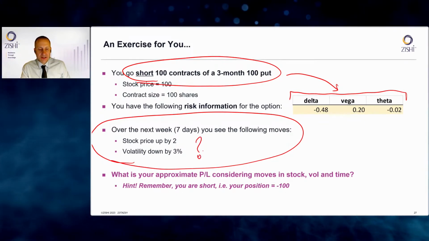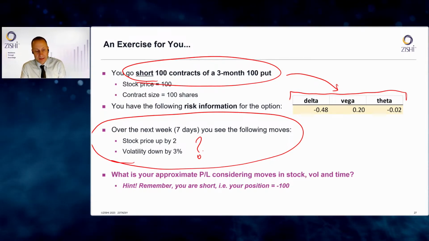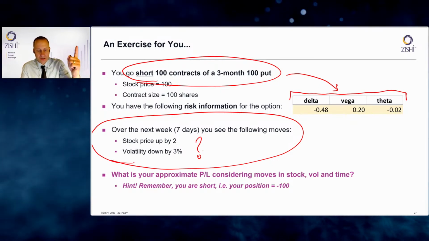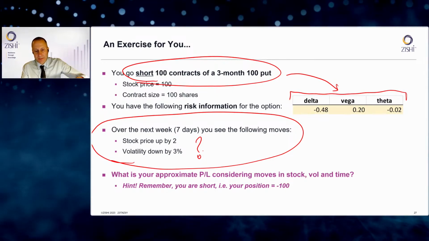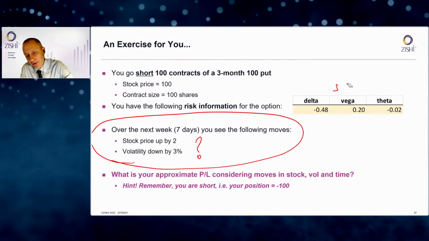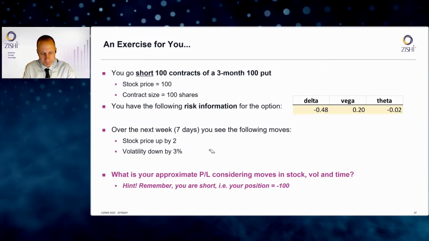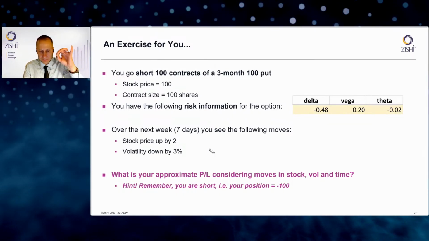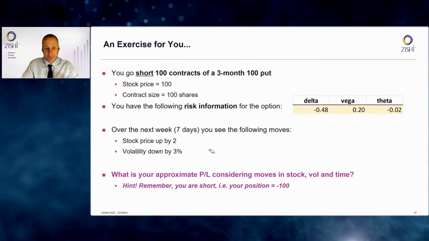So over the next week, through which 7 days are going to pass, the stock price goes up by 2 and volatility comes down by 3%. So using all of these numbers, I want you to work out what your P&L is. Now, the important point here is you don't need to know what price of this option is today.